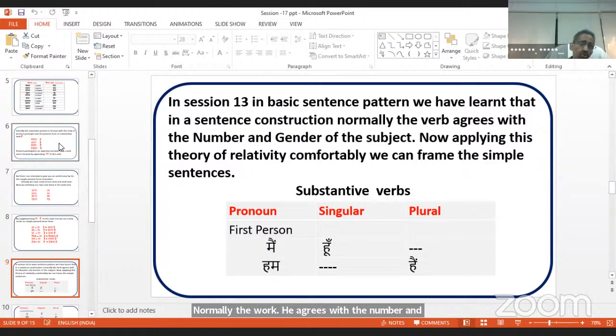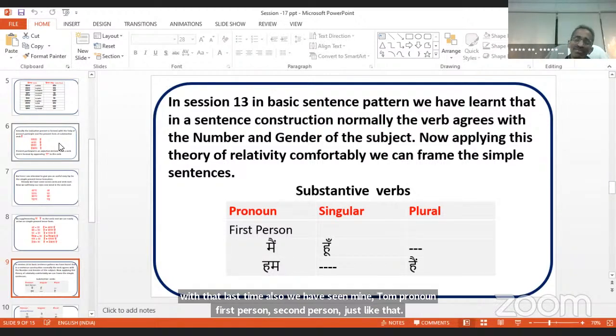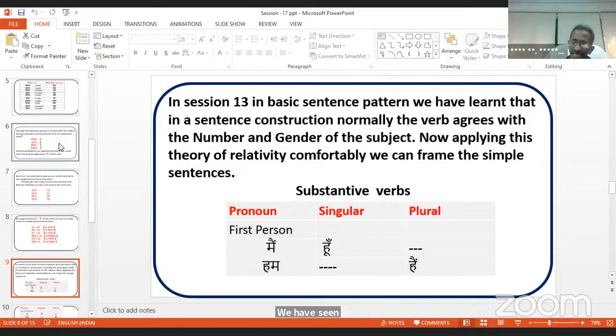Last time we also saw pronouns, first person and second person. So whenever a sentence is constructed in Hindi, the rule of construction says that the verb side, the predicate side, always agrees with the number and gender of the subject.